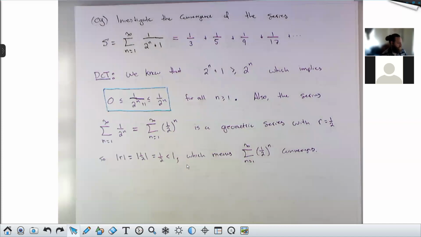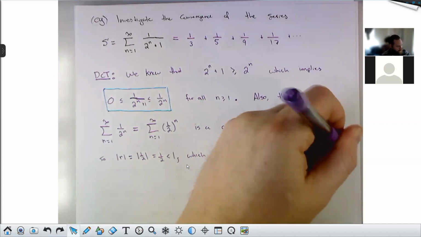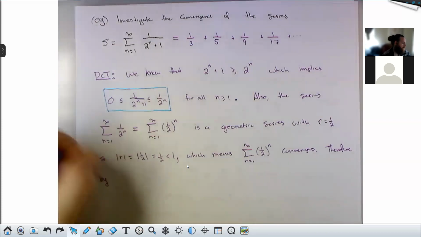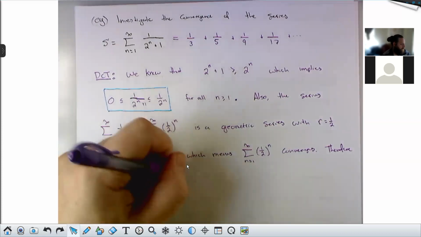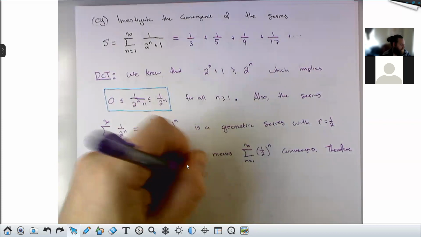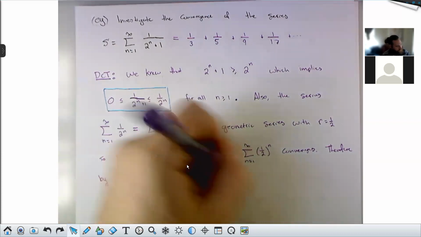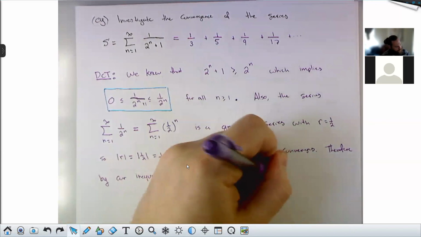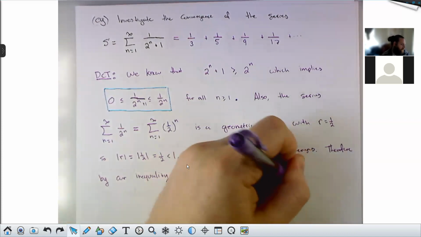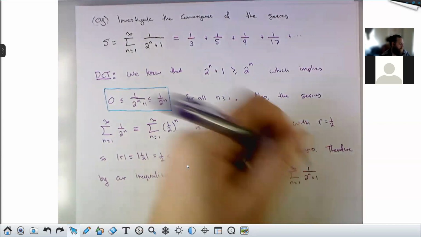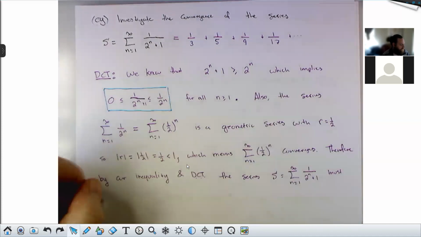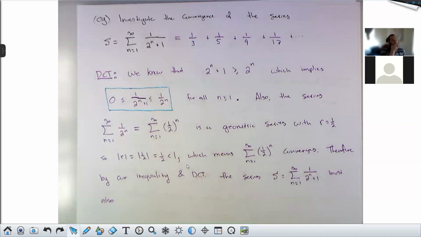Hence, therefore, by our inequality and the direct comparison test, the series that we're working with, S equals sigma n from 1 to infinity of 1/(2^n + 1), must also do what? What's the final word of this solution?